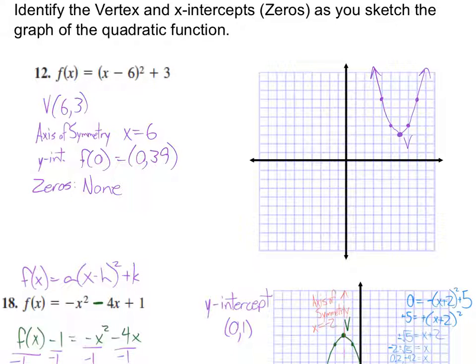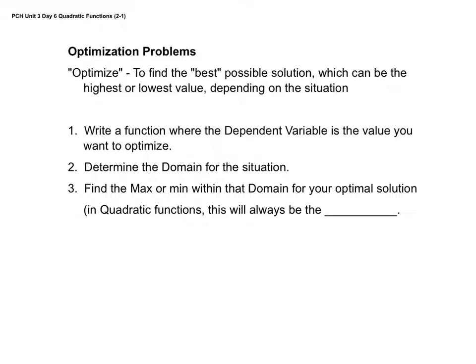Alright, so there's a term that you need to know when it comes to applying quadratic functions, alright? And that is optimize, okay? And it's not just for quadratic, but we do a lot of this when we're working with quadratics. When we use the term optimize, that's just a word for finding the best solution.